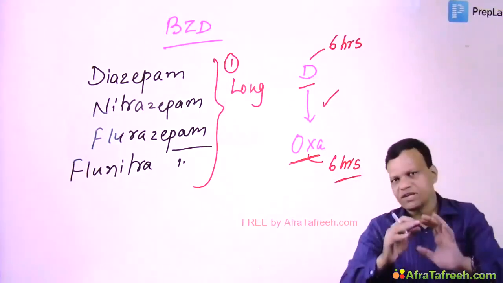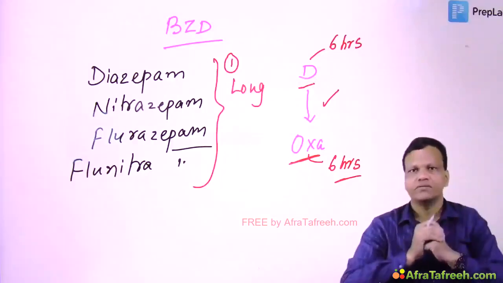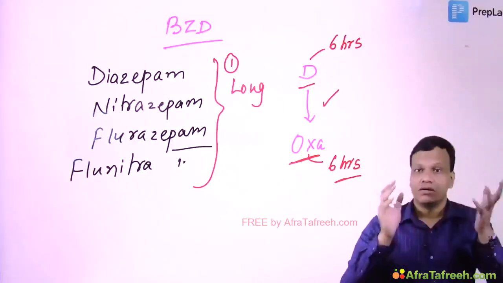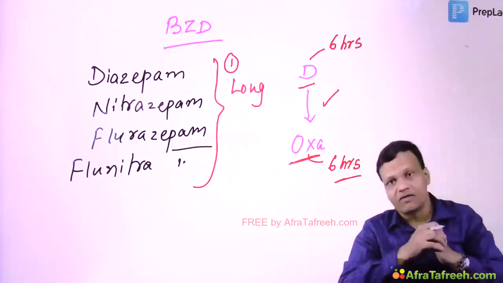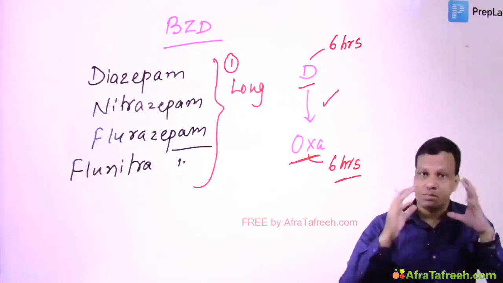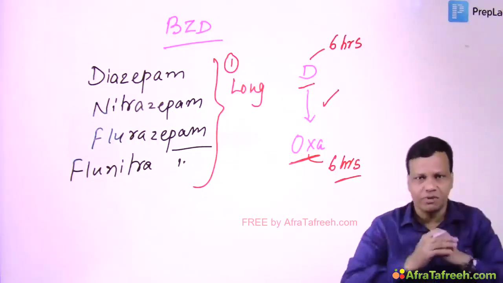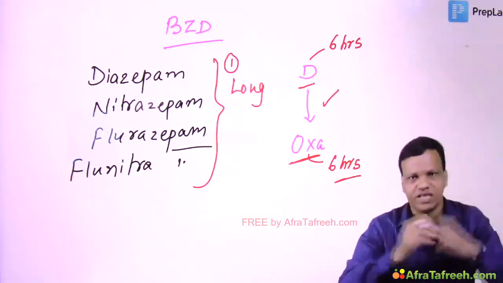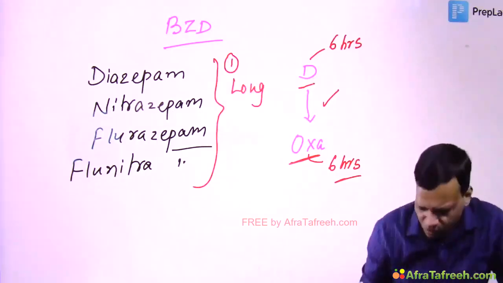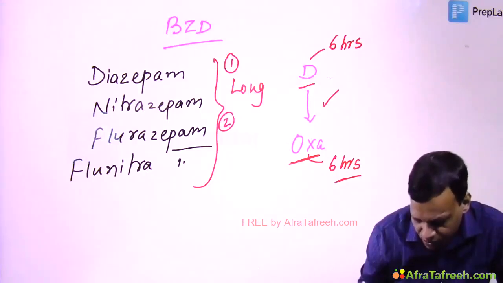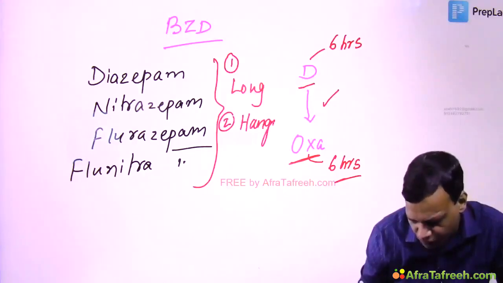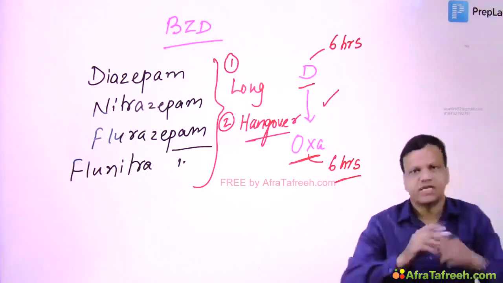Now, if the person wakes up in the morning, what will happen? The person will keep on zooming till afternoon. Okay? So the person will feel sleepy and will have headache and some other problems till the afternoon, till the time benzodiazepines are present in the brain. So that is known as hangover. So the problem is the same. Due to long duration of action, these are associated with hangover.